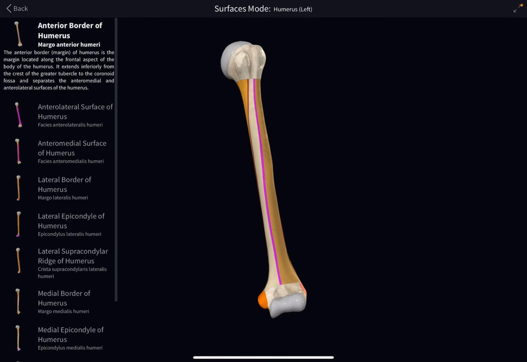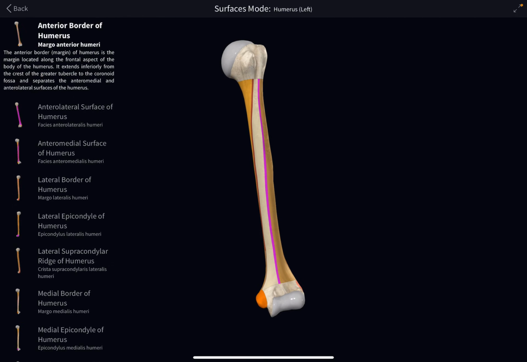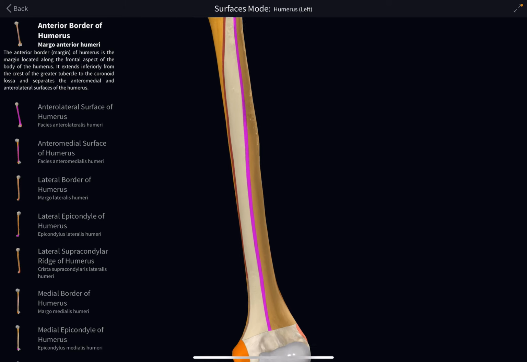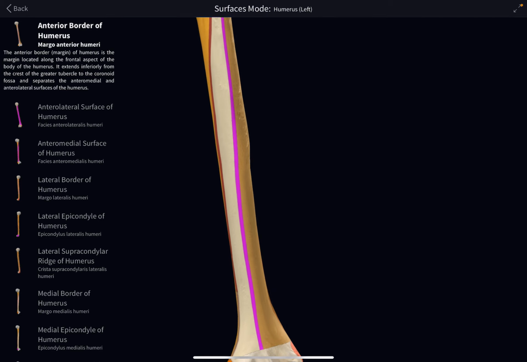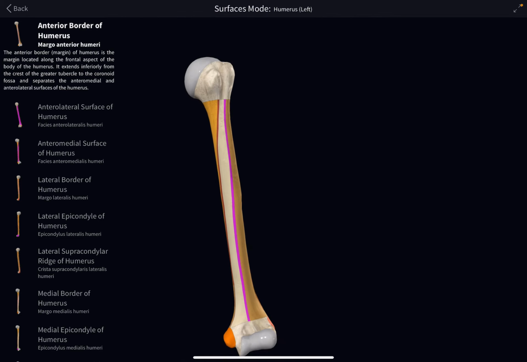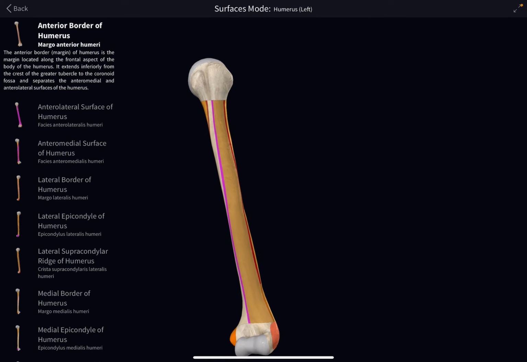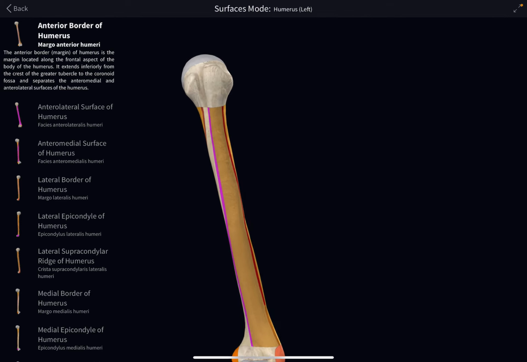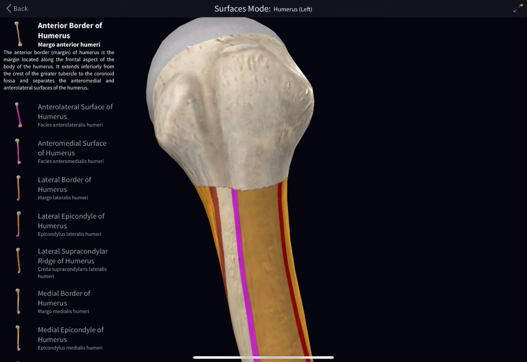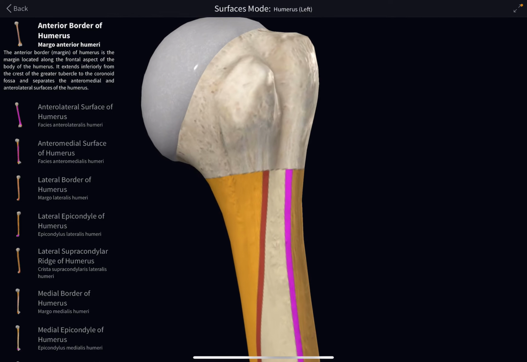Here is the anterior border, the border that is highlighted in pink color. This is the anterior border of the humerus. As you can see, the anterior border extends from the anterior aspect of the greater tubercle. We know the greater and lesser tubercles.